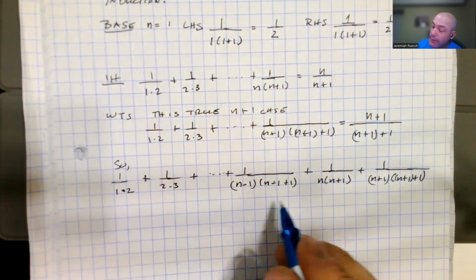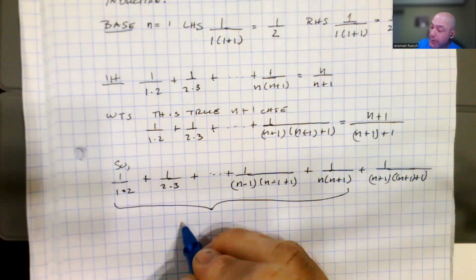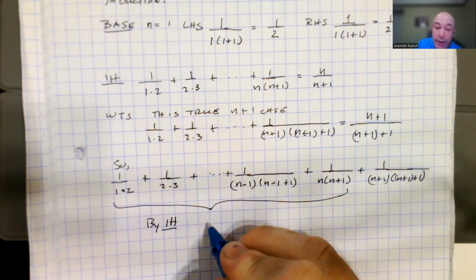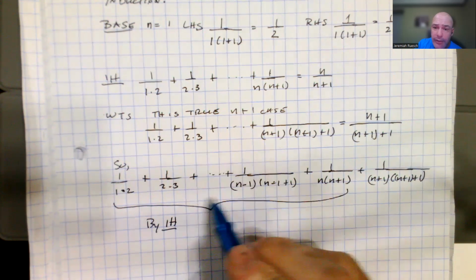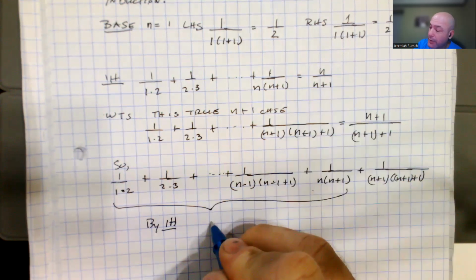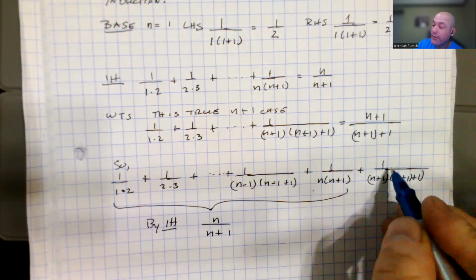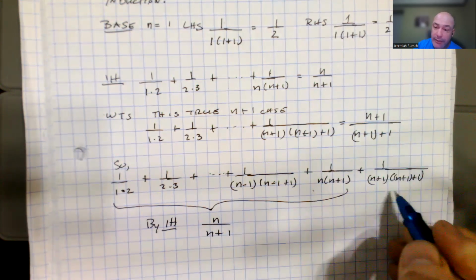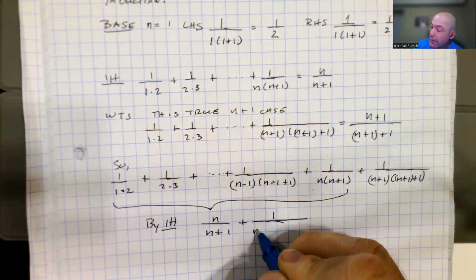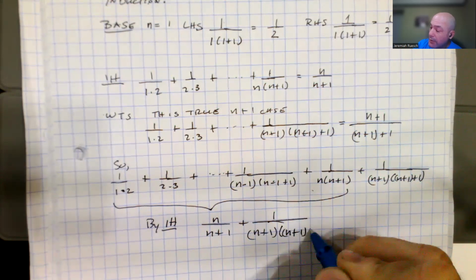By the induction hypothesis, we are assuming that all of these terms are equal to the right-hand side, n over n plus 1, which means that the only thing we have left is this term over here, plus 1 over n plus 1 times n plus 1 plus 1.